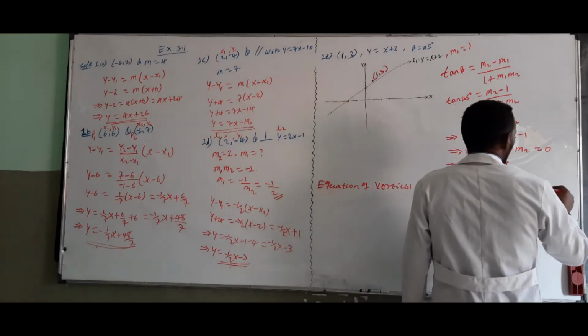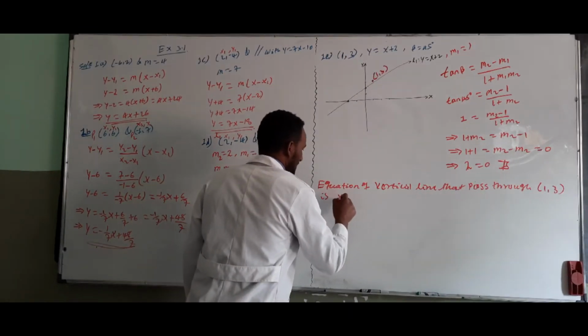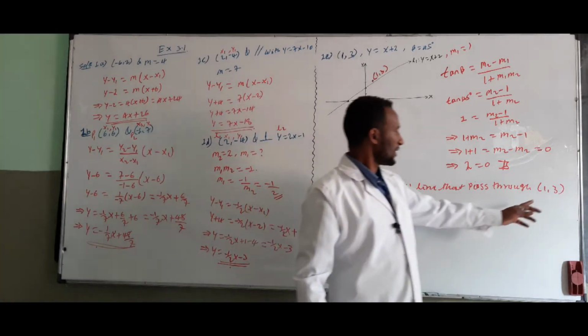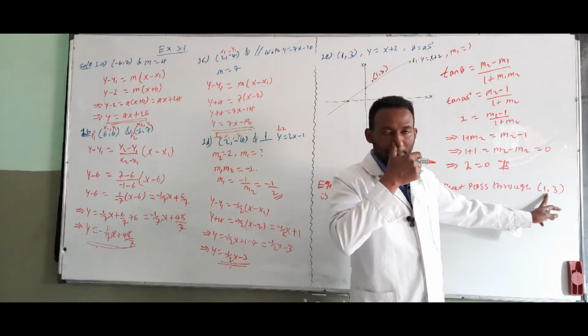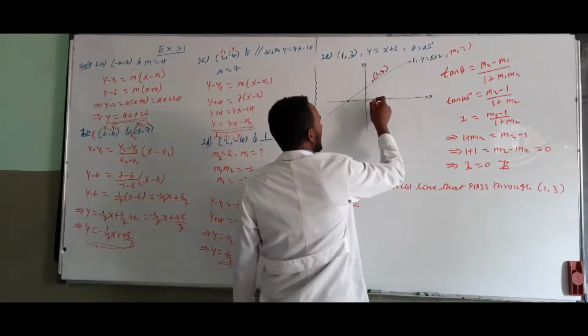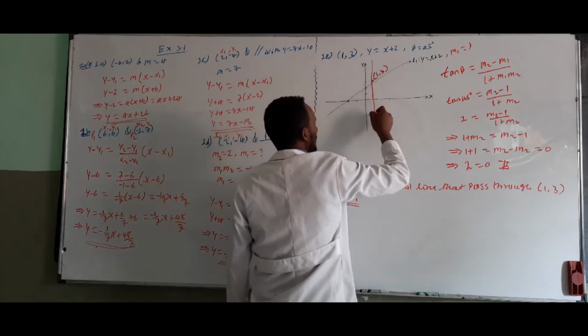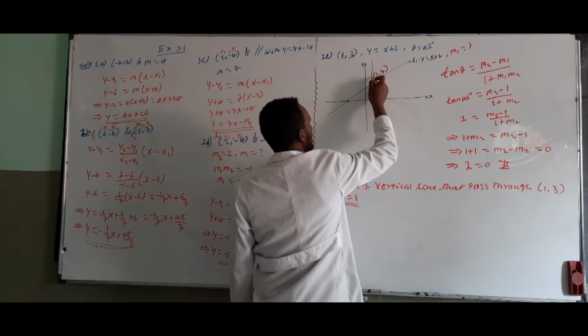The vertical line that passes through (1, 3) is x is equal to 1, because the first entry of a point that the line passes through is 1. X is equal to 1 means this one. This is the angle 45 degrees.